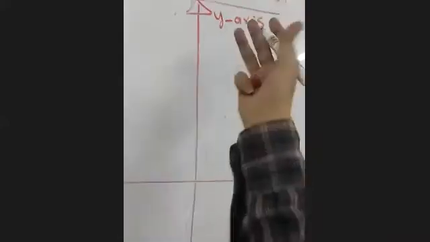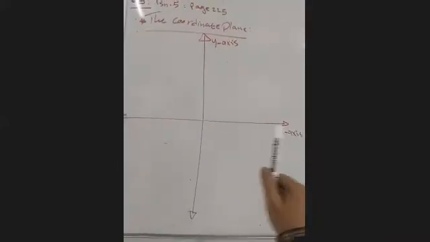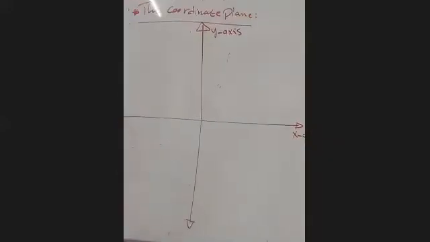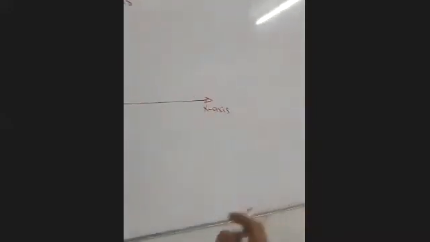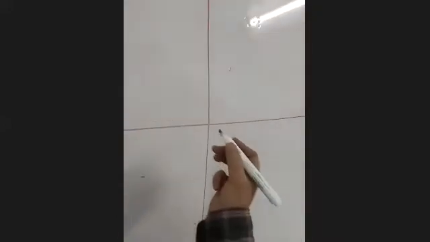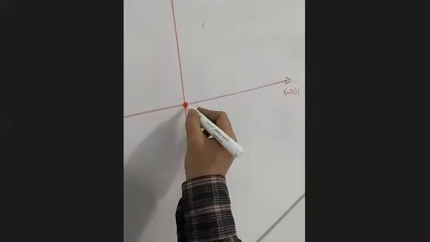These are always there. The x-axis is similar to the number line which we did before. We have 0 in the middle, positive on one side, negative on the other.